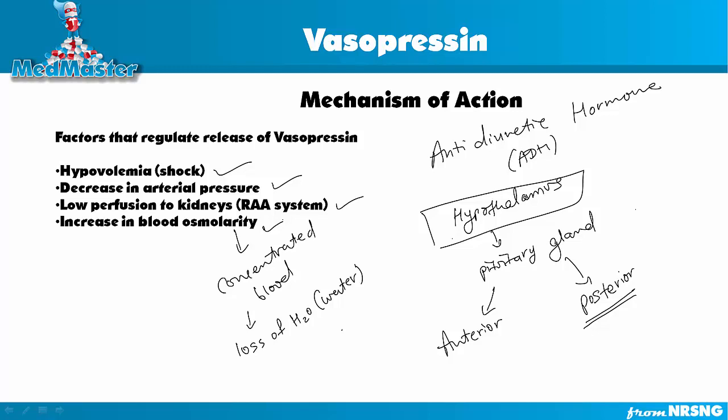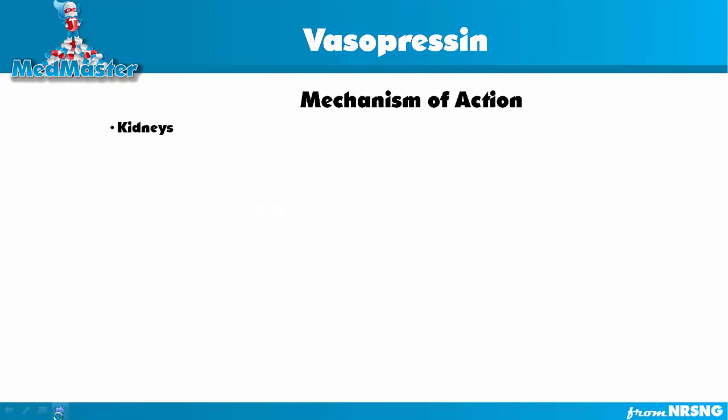So what is the mechanism of action of vasopressin? There are two main mechanisms of action. Let's look at the first one, the mechanism of action of vasopressin on the kidneys.